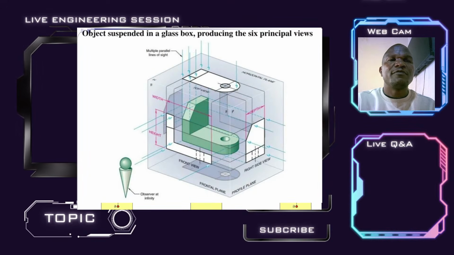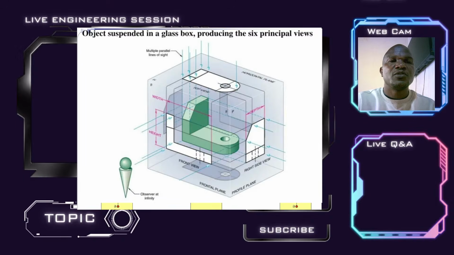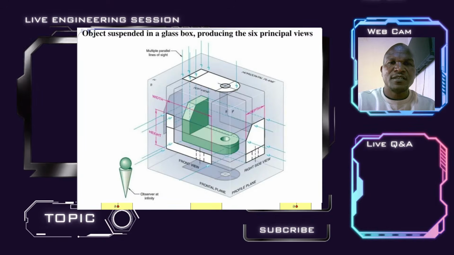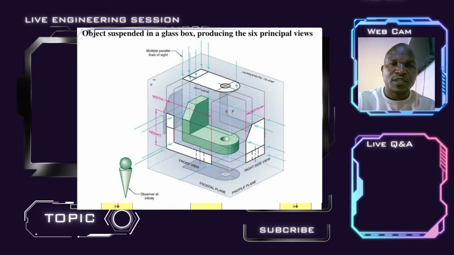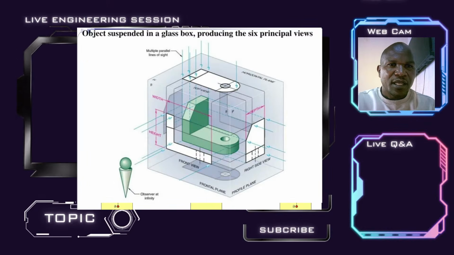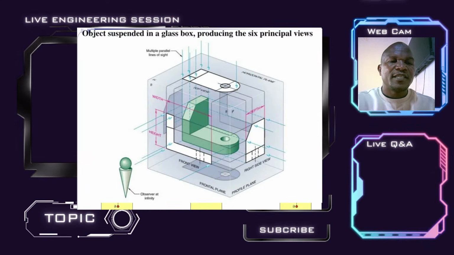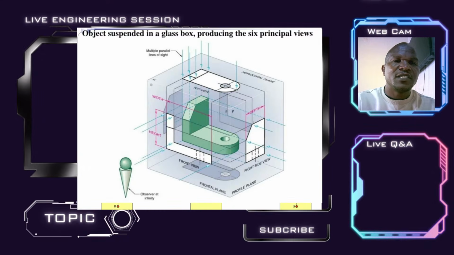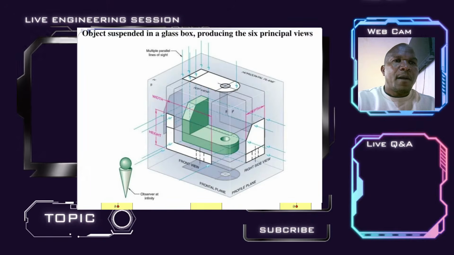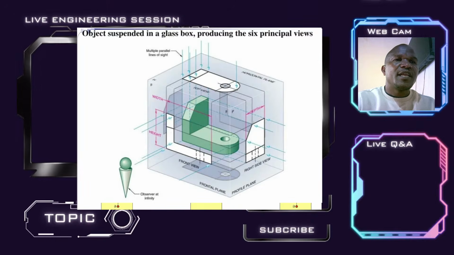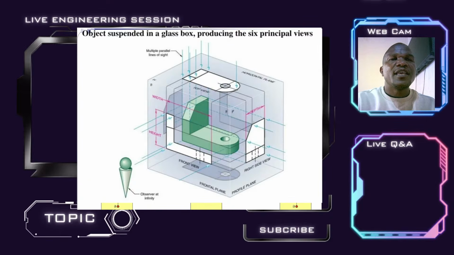Now, let's go to our first demonstration illustration that I used. It is very important for us, and I would like you to really pay attention to this. I used it again the other time when I did the 3D view using Inventor, and the object I want to illustrate using a glass box.